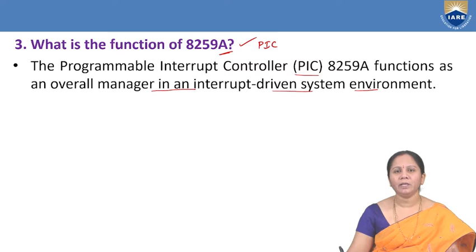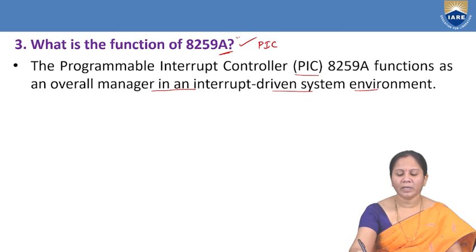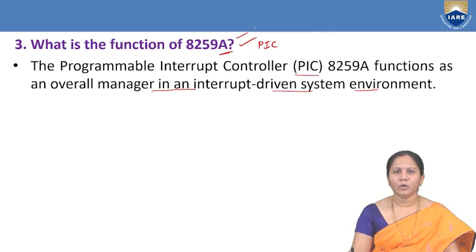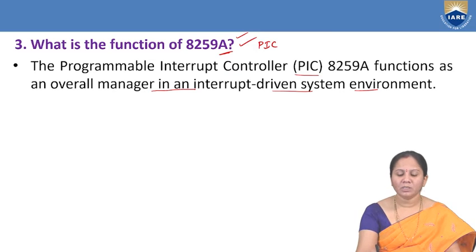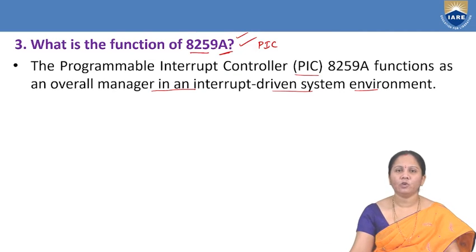If more than 8 interrupts come, or if a large number of interrupts are coming, this 8259 IC will manage all the interrupts, because inside the architecture of this 8259 we have one important unit which is called the priority resolver.